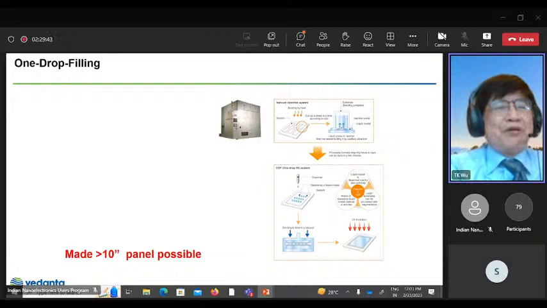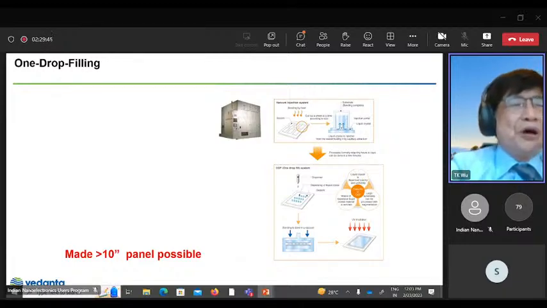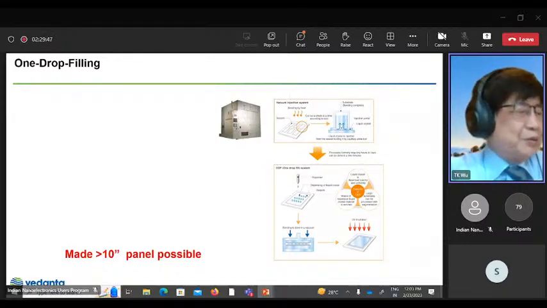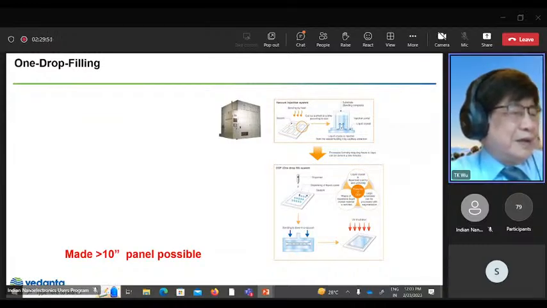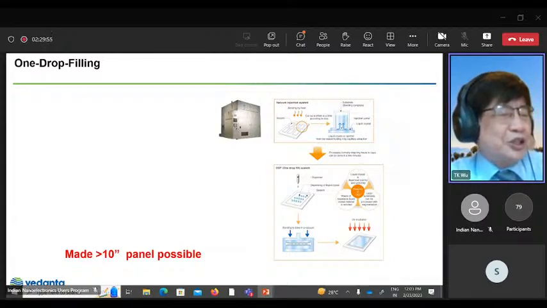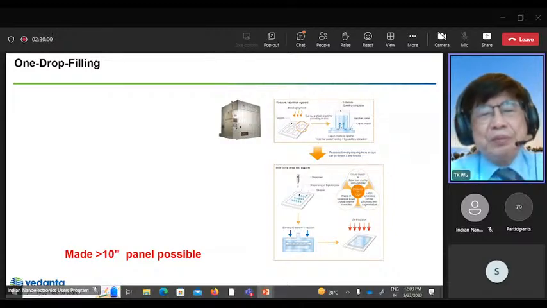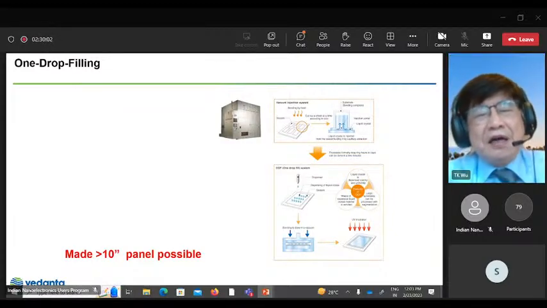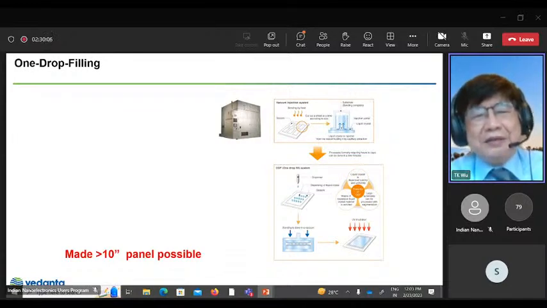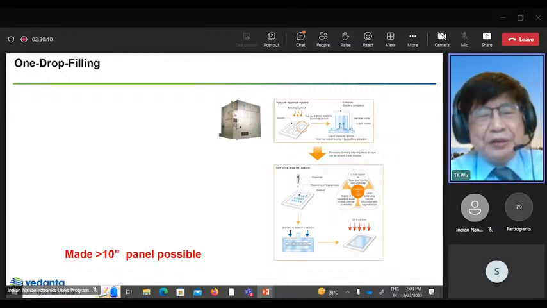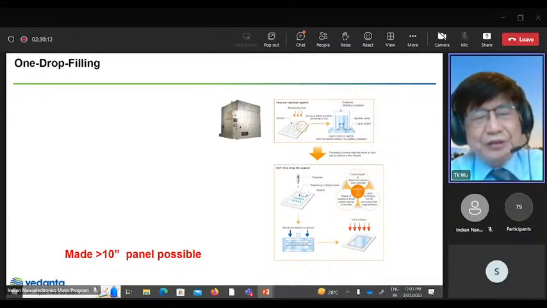I mentioned before ODF, one drop filling, which solves a lot of issues. In the 1980s, we used a vacuum suction chamber to do the liquid crystal filling. We put the empty cell in a vacuum chamber, with the filling port facing downward, and then we use a vacuum pump to do the suction.